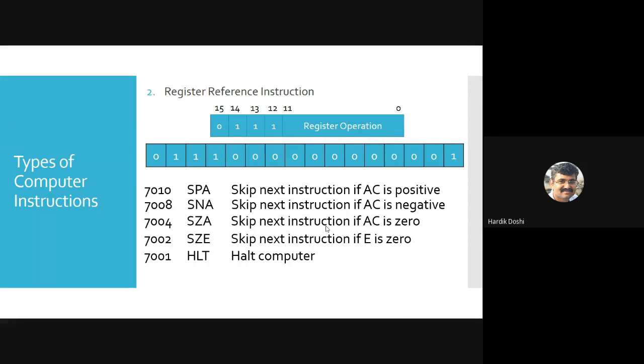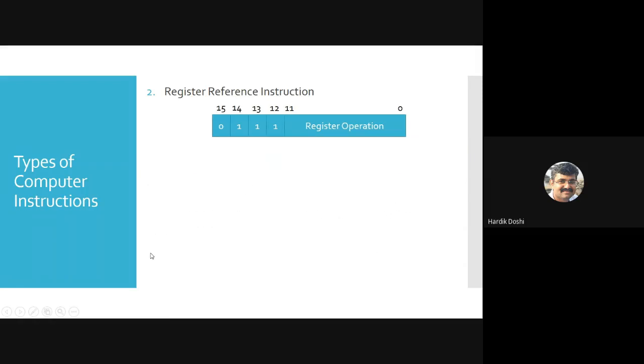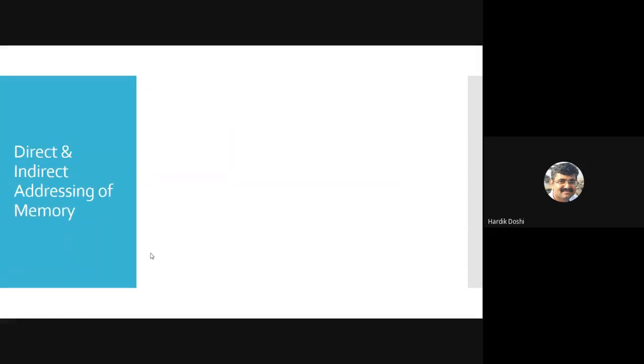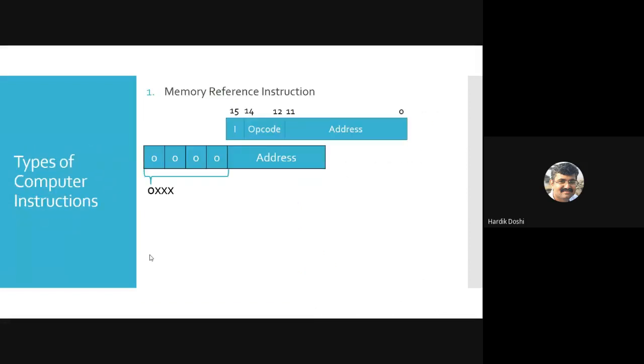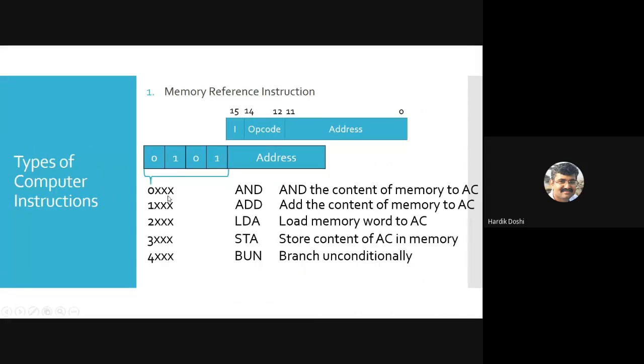Now as we had seen in register reference instruction, 0111, that is 7, is fixed. So 7 in the code is fixed for the register reference instruction. But regarding memory reference instructions, if this is a memory reference instruction, then the opcode is changing.